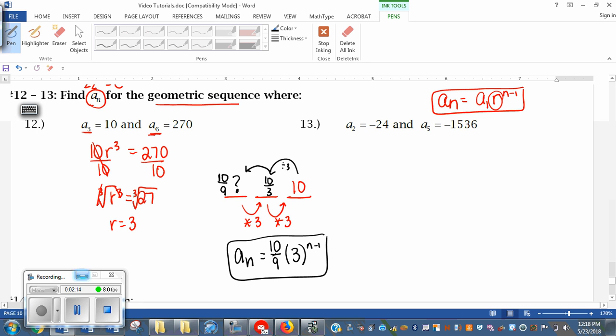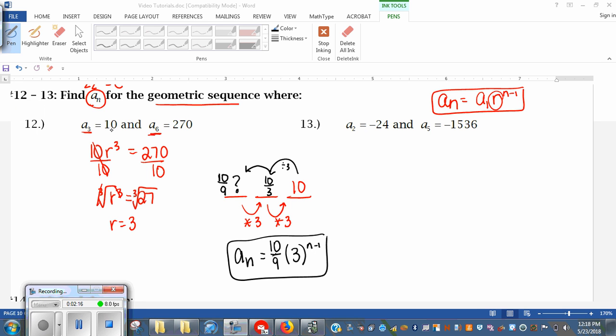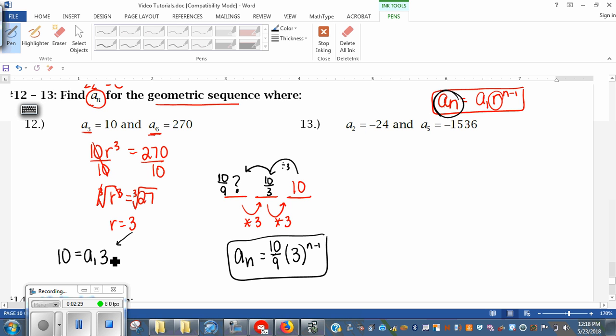So another way of doing this is by taking 10 and filling that in for the nth term. Then we don't know what the first term is, that's what we're looking for, but we now know that R is 3. Now if I'm using 10, then when I go to fill in n in the formula here, we're using the 3.